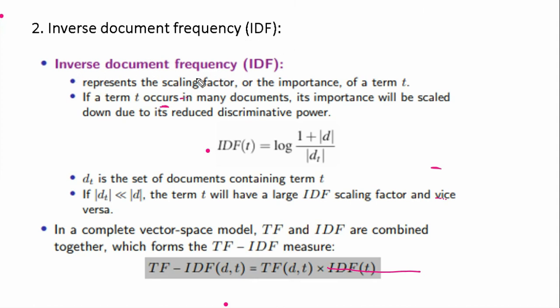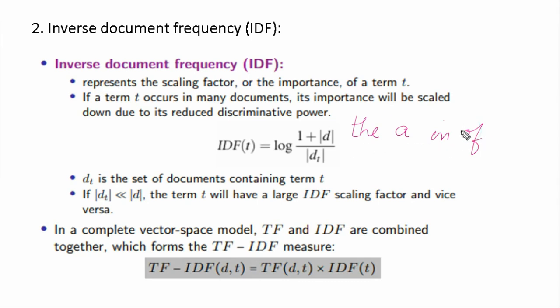Next, inverse document frequency, IDF. Inverse document frequency represents the scaling factor or the importance of a term T. See, in a particular document, there are some terms which do not give any importance to the meaning. For example, the occurrence of the, a, in, of.